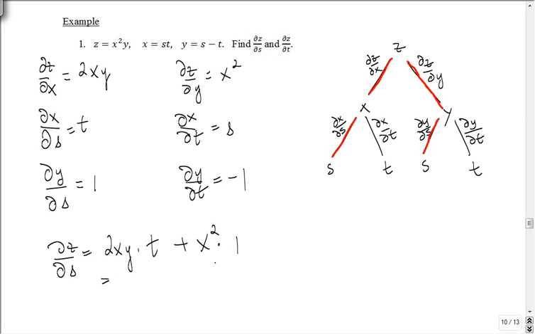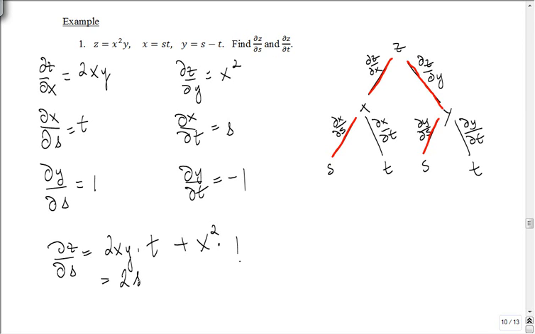now really you should put this back in terms of s and t, like put back what x and y is. But if it gets too difficult for you to put back, you can leave it like that. Okay? If you check the book, you might see that they have left it in terms of x and y. But I think it's easy to put back x and y, so let's do it.